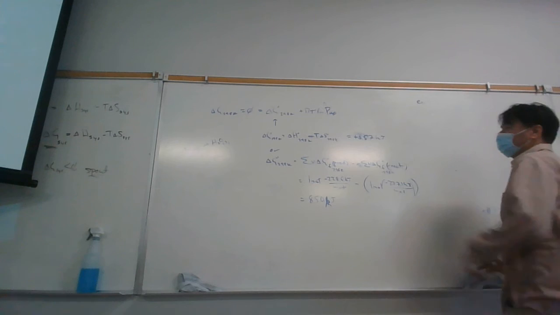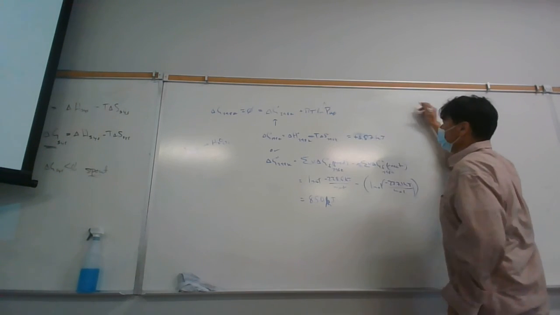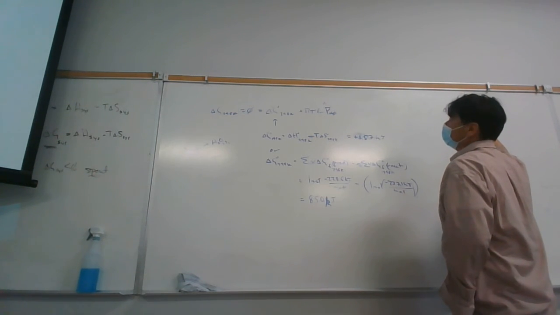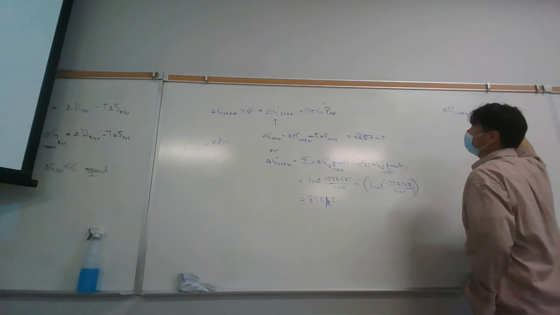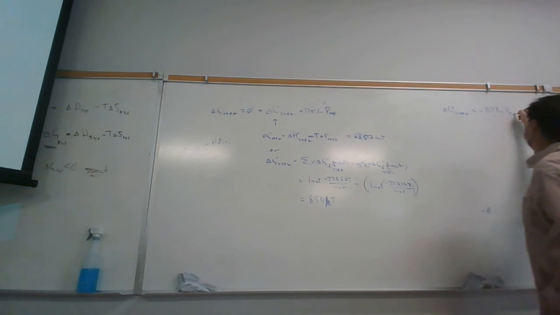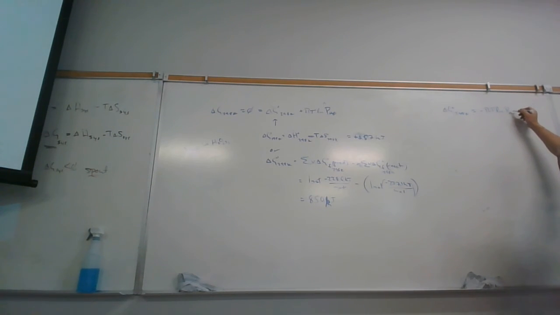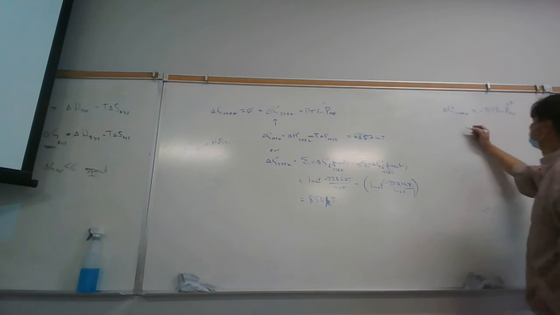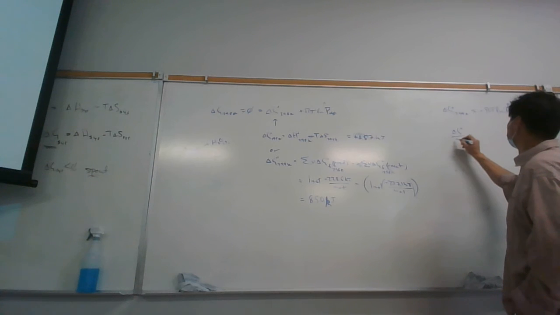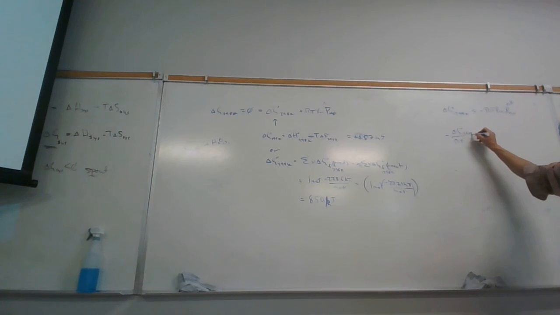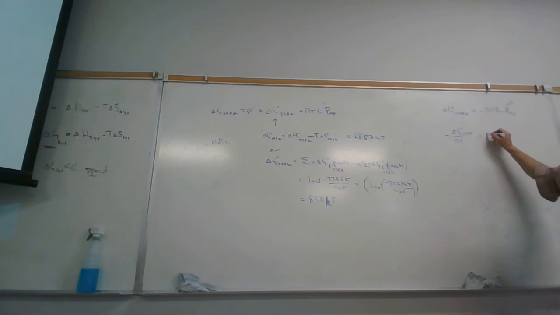So we're going to rearrange this equation here. And that is delta G naught at 298 Kelvin is equal to minus RT ln of P H2O. For the P of H2O, I'm also going to just call that K. The reason I'm going to call it K is because of this. I'm going to get minus delta G naught over RT at 298 Kelvin is equal to ln of K at 298 Kelvin.